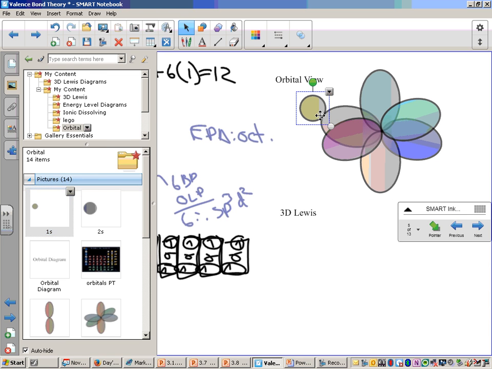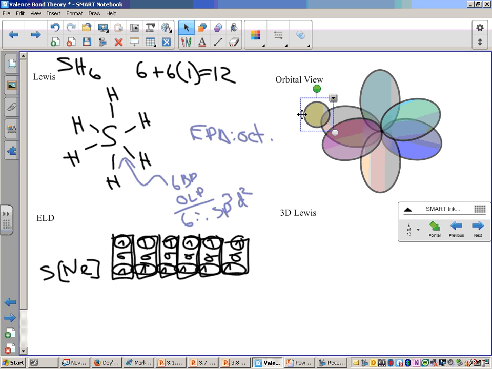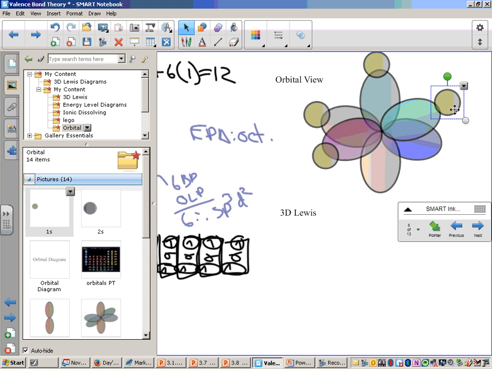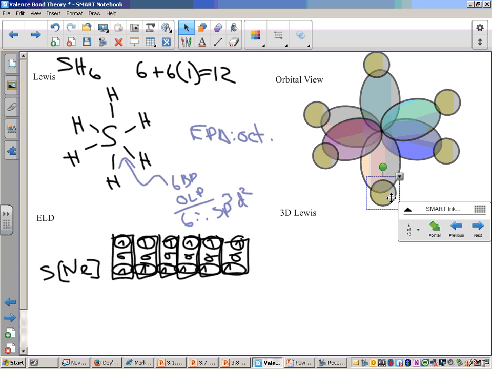Again, we want to get to the point where you don't need to worry about the orbital view, because once you get to that shape, once you get to that EPA shape, you should be able to draw a 3D Lewis. But I think the orbitals are just so pretty.